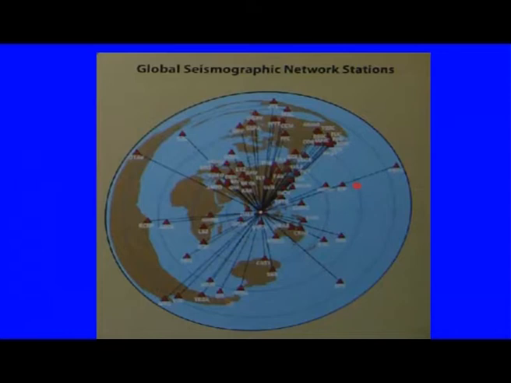This is a very interesting thing I would like to show. The Andaman Sumatra tsunami occurred here, and it was felt by different seismographs all over the world.